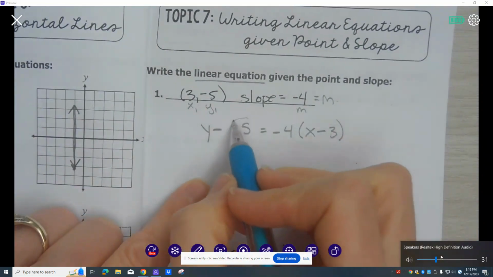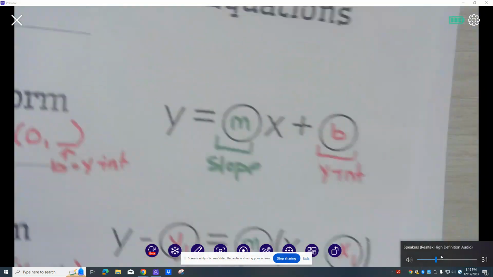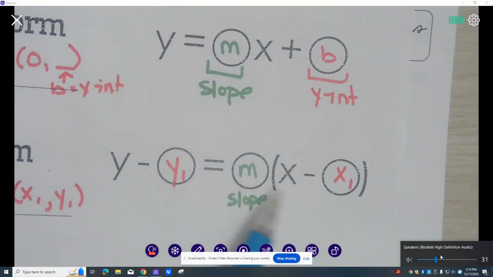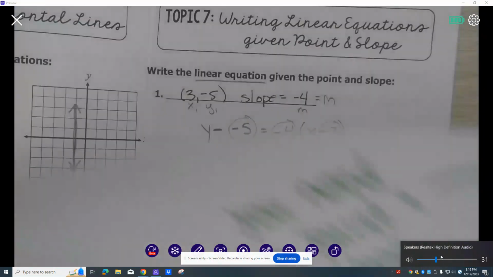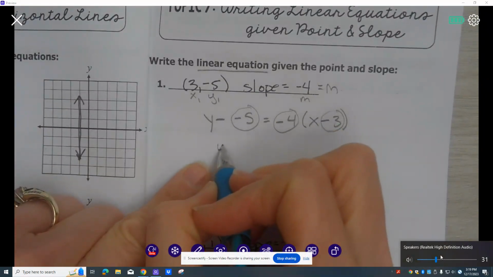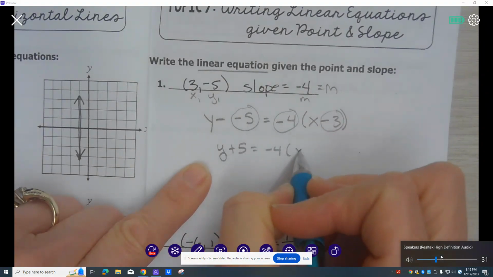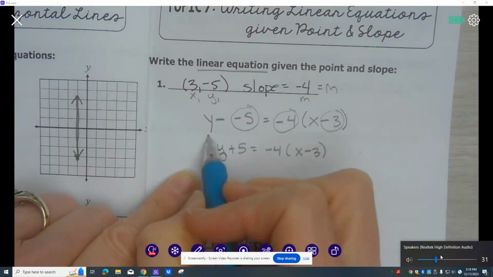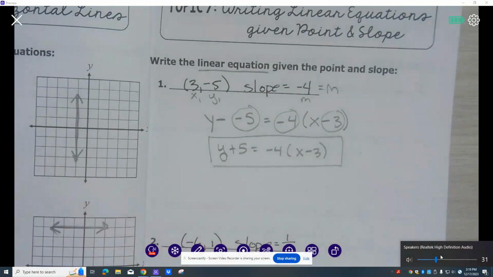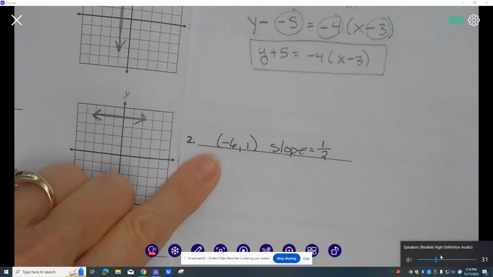On the paper that I just showed you, that thing I've been calling the bubble sheet, the y, the m, and the x are where you fill in your values. Now, one more step on this one. When you have minusing a negative, you do need to write that as a plus. Otherwise, you will lose a half a point on the quiz. Okay, so you should try this one on your own.